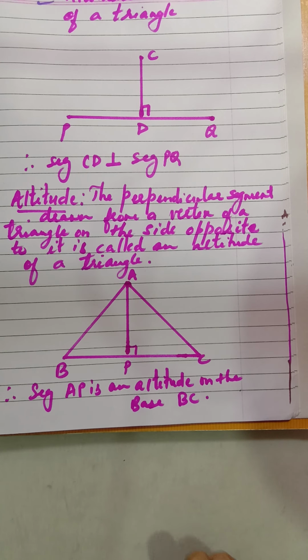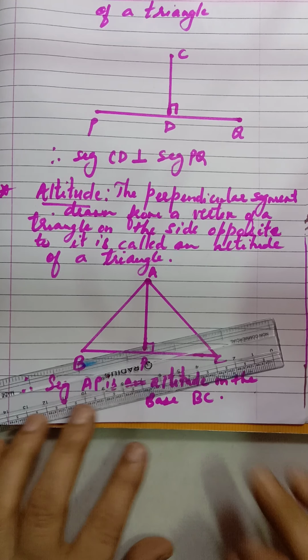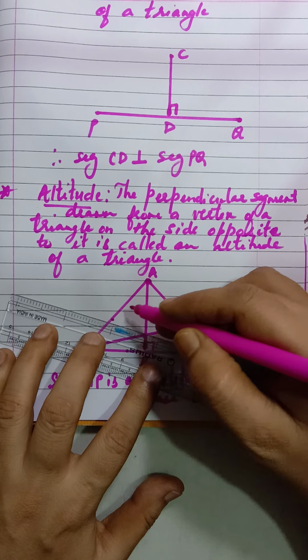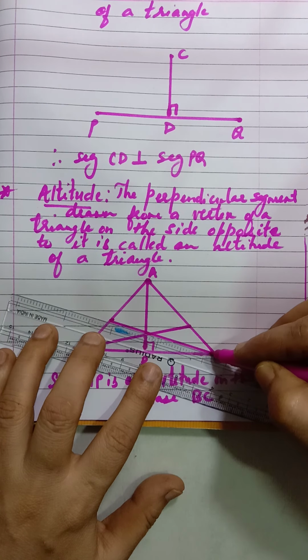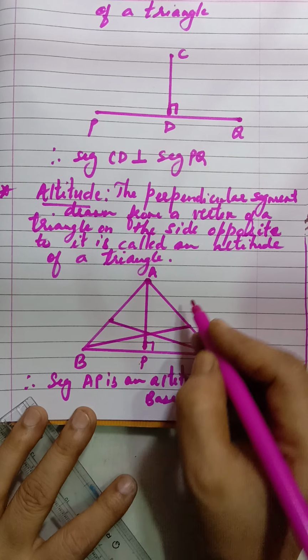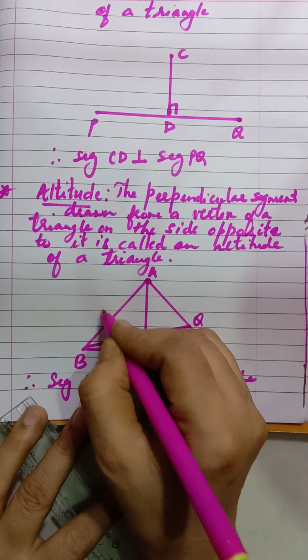Now suppose the same way we are drawing the altitude from the vertex B, and the next altitude we are drawing is from C. Now you can name these altitudes. Here you have written P, so we'll write it as Q, and here this is R.